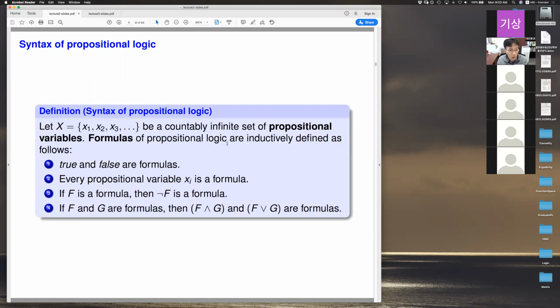Other logical connectives that you saw before, like implication and equivalence, can be constructed from what we have here. And one important property is that because everything is defined inductively, if we want to define something on propositional logic formulas, we can use structural induction.